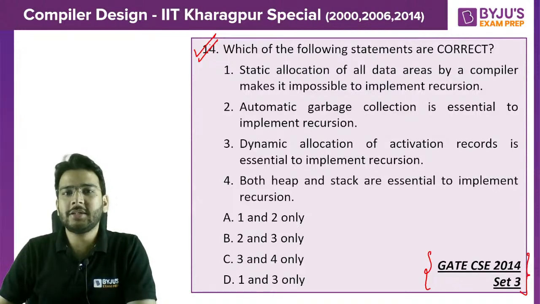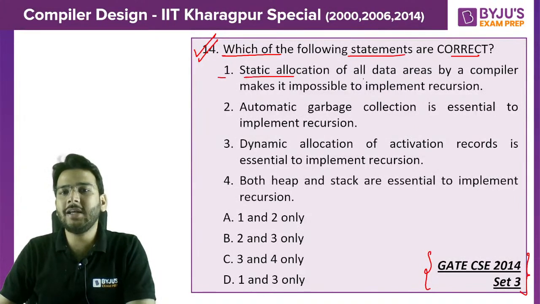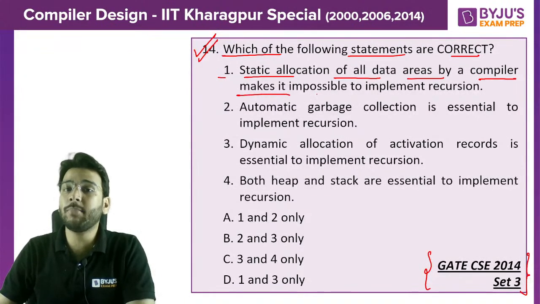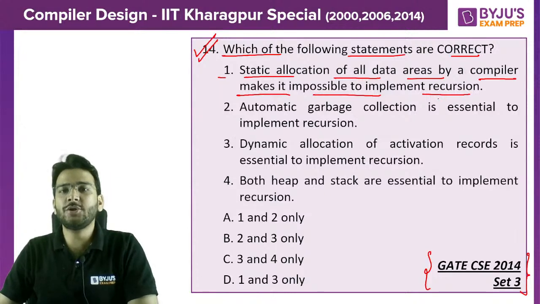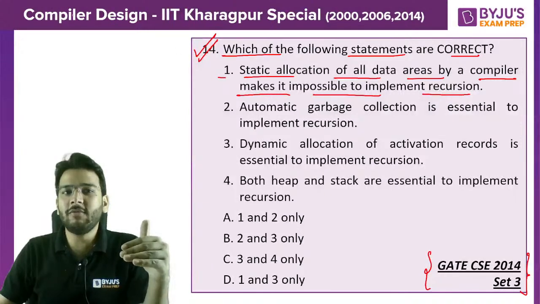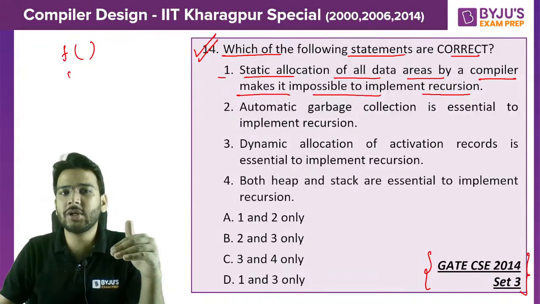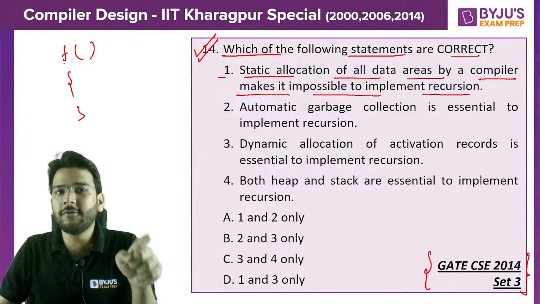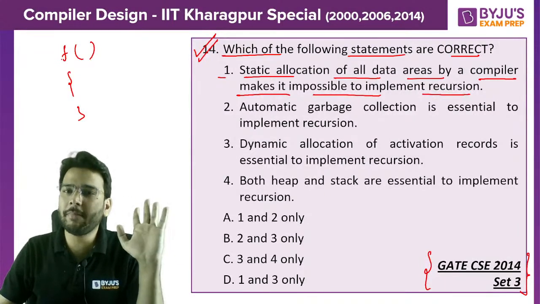Let's see here. Which of the following statements are correct? Statement 1. Static allocation of all data areas by a compiler makes it impossible to implement recursion. That is true. Why? Because in case of static allocation, whatever function you have, suppose you have function f, the activation record for this function will be created at the compile time only.